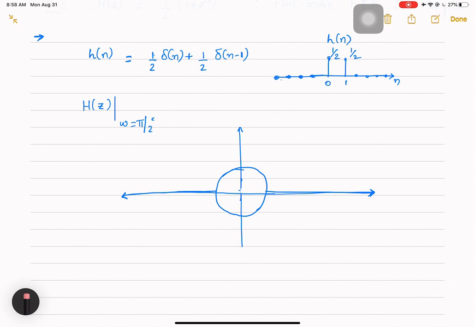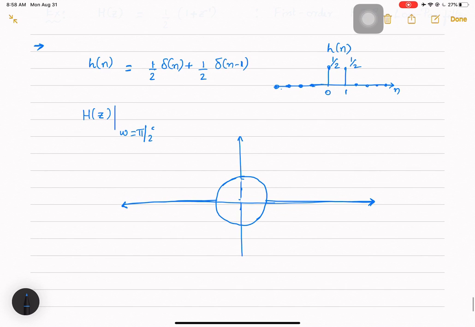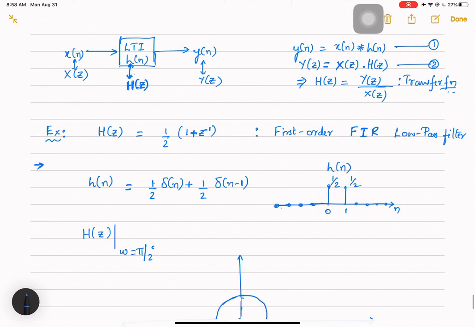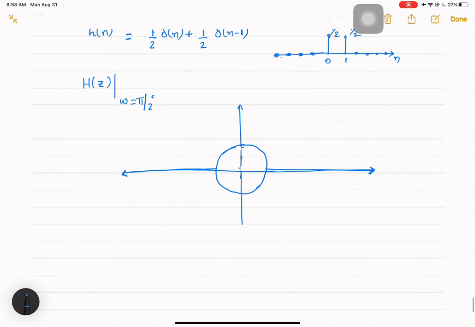Right. So once you draw the unit circle, you mark the zeros and poles. So zeros are marked by circles. Okay, and here for this function, a zero is present at z inverse equal to -1. Okay, at omega equal to pi, right?